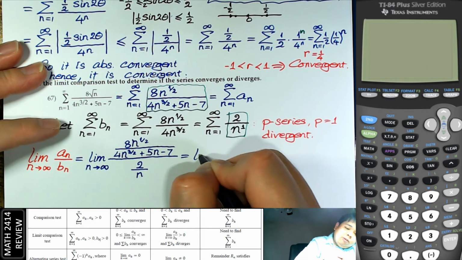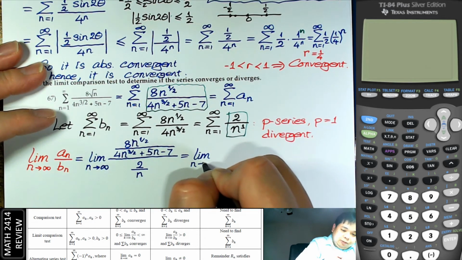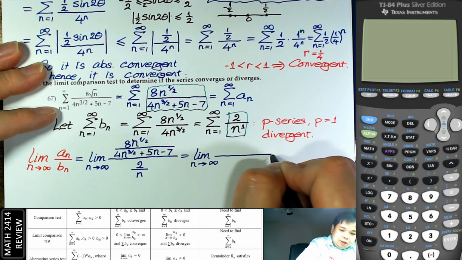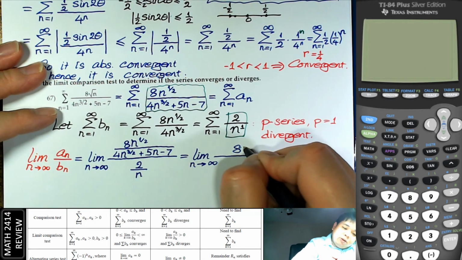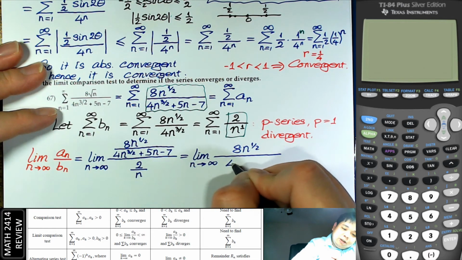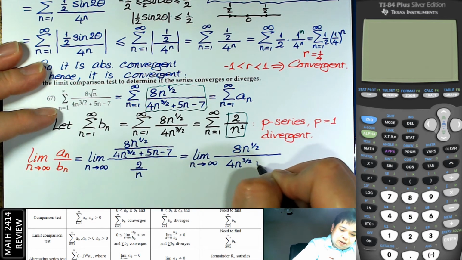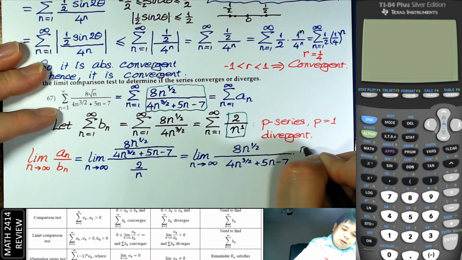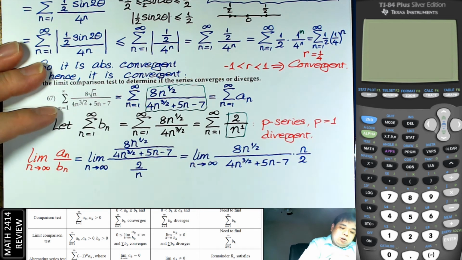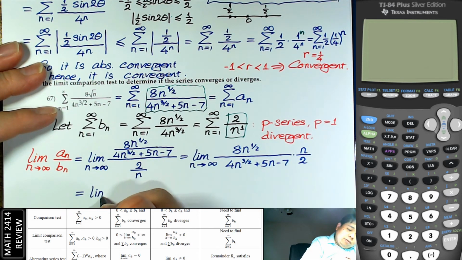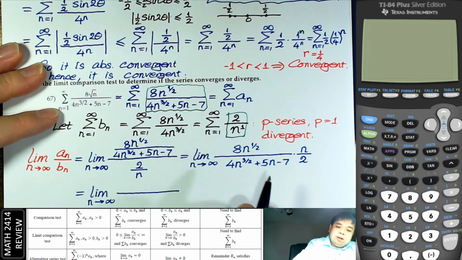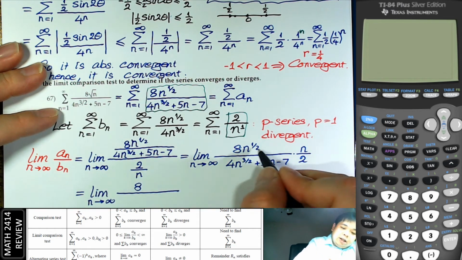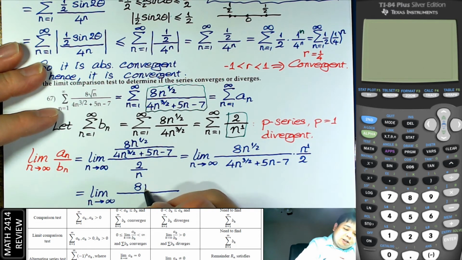Right. So dividing a fraction is multiplying by the reciprocal. So multiply in. That's 8 n to the 1/2 times n to the first. 1/2 plus 1 is 3/2.